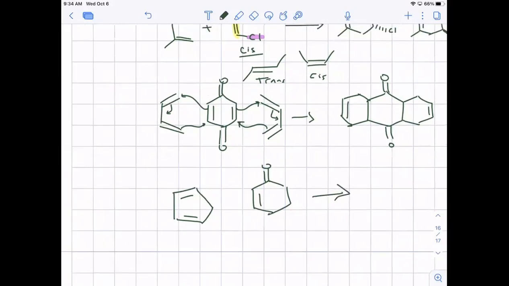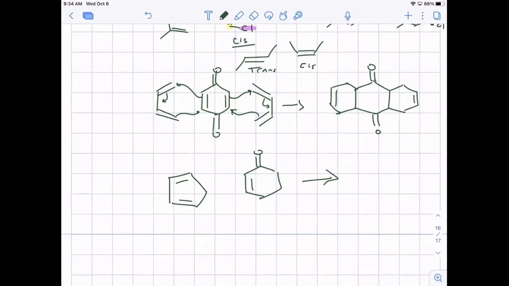Can somebody put the arrows in for that? It looks like it's going to be something difficult or very intimidating, but it's not. It's the same mechanism and the same outcome.